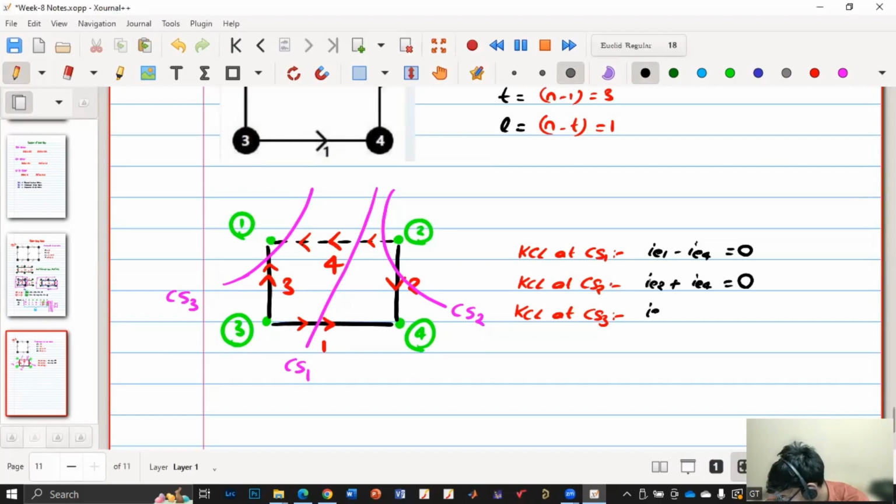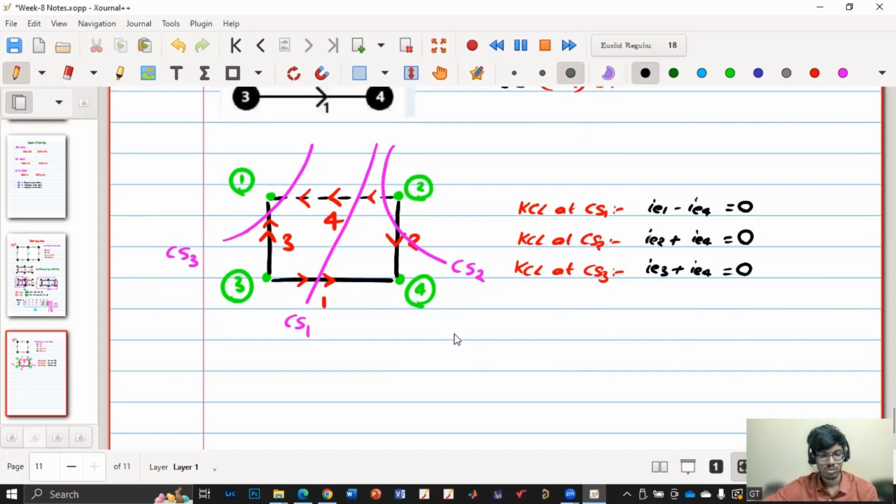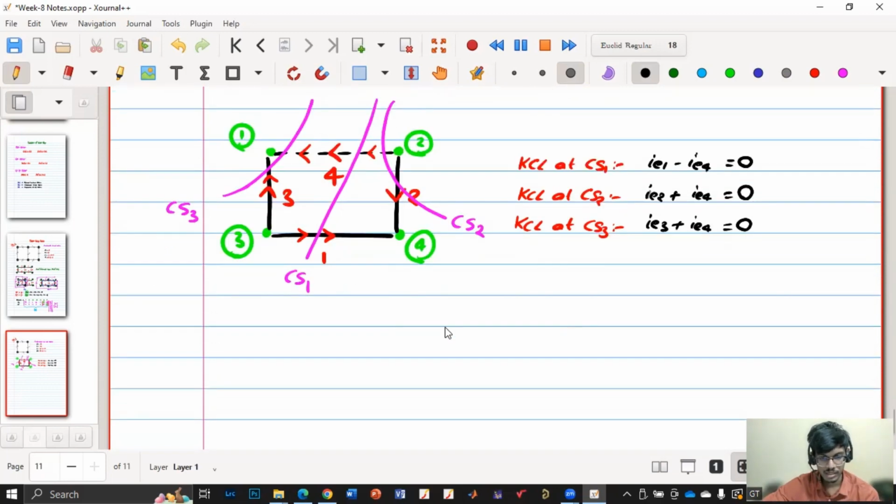So entering is positive. It should be the same convention. Maybe for one cut set entering is positive, maybe for another cut set leaving is positive. But the fundamental thing is twig currents should have a positive coefficient. So Nia, are you able to understand how we are getting this?